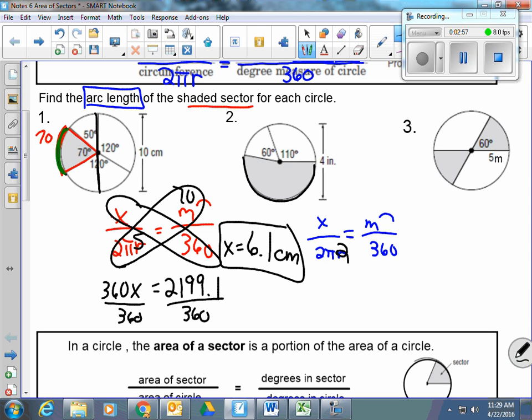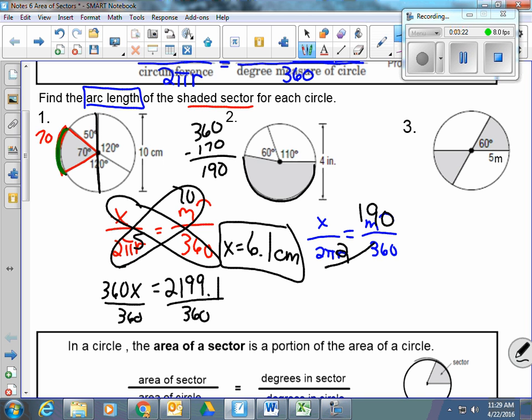So what would I do? How big is a full circle? Okay. Subtract what? The 110 and 60. 110 plus 60 is 170, so 360 minus 170 leaves me with 190. So this is 190 right here.